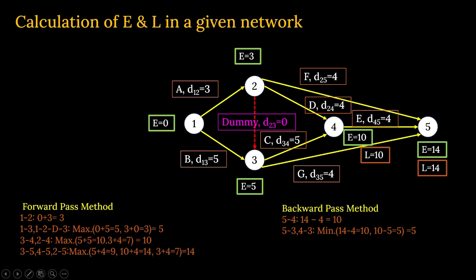So what is the value of L at 5 and what is the duration? So 14 minus 4 is equal to 10, and here the value of L at node 4 is 10. 10 minus 5 equal to 5. Out of these two, which one will be considered? The minimum of it. So minimum is 5. So here at this point, the value of L is 5. You got my point?